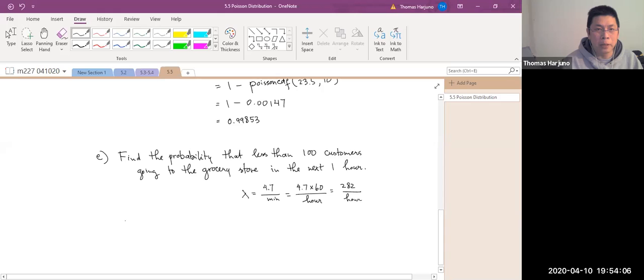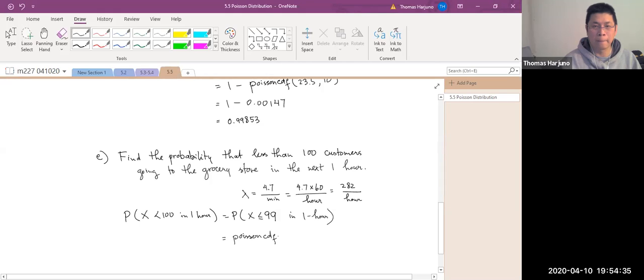So the probability that x is less than 100 in 1 hour will be the probability that x is less than or equal to 99 in 1 hour. That is equal to Poisson CDF of 282, 99.